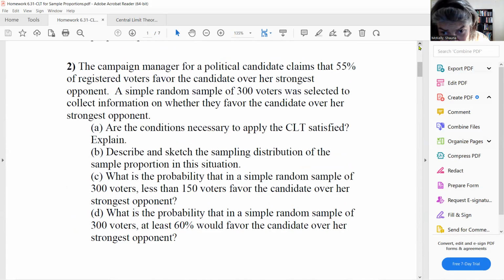A simple random sample, remember those are our keywords for our assumption.